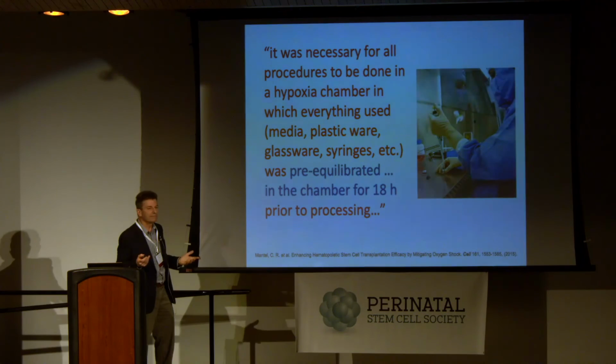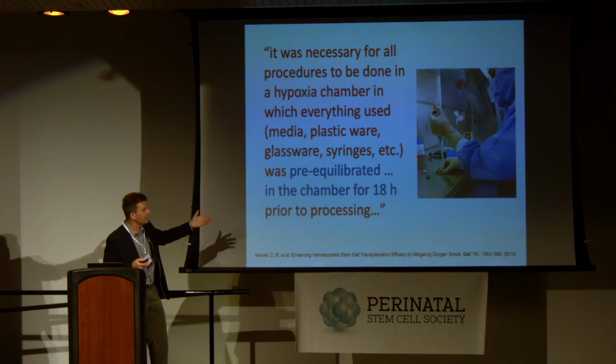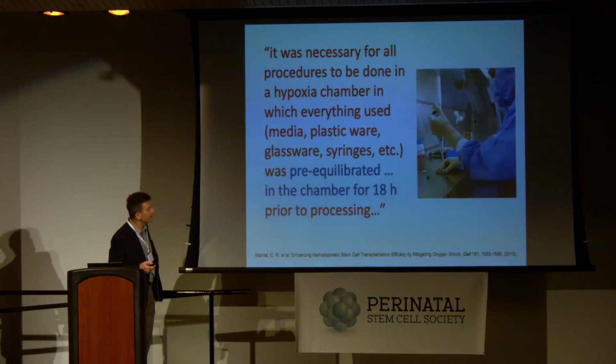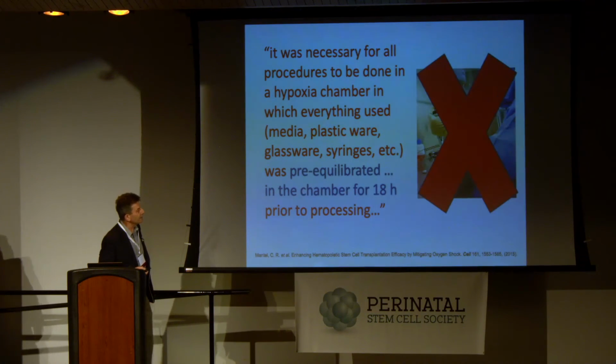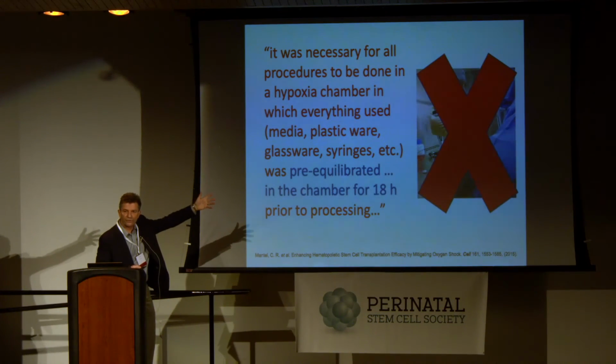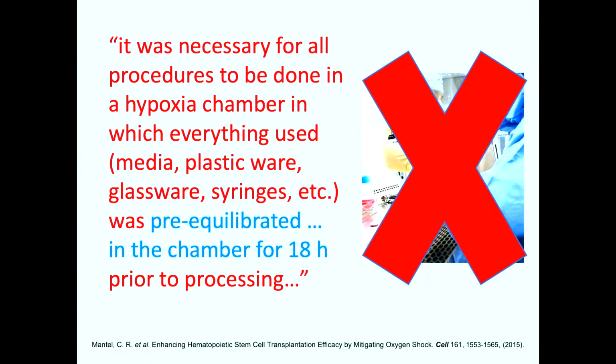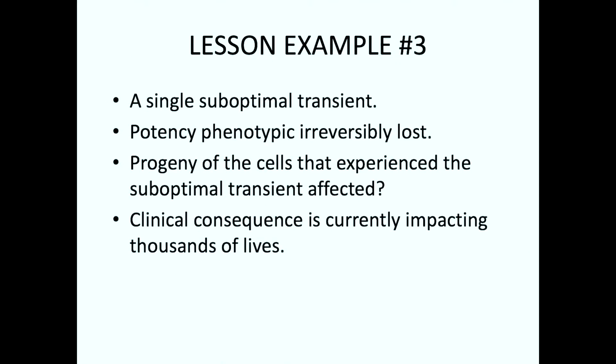Think about that. And this isn't new. There's other examples with this, but the lessons here are pretty astounding, and one of them is how are you going to do this with conventional procedures? What else are we doing in the hood, in air? But the examples here, again, one single suboptimal transient, a potency phenotype, that's irreversible loss. That's probably one of the most life-saving cells known to man.